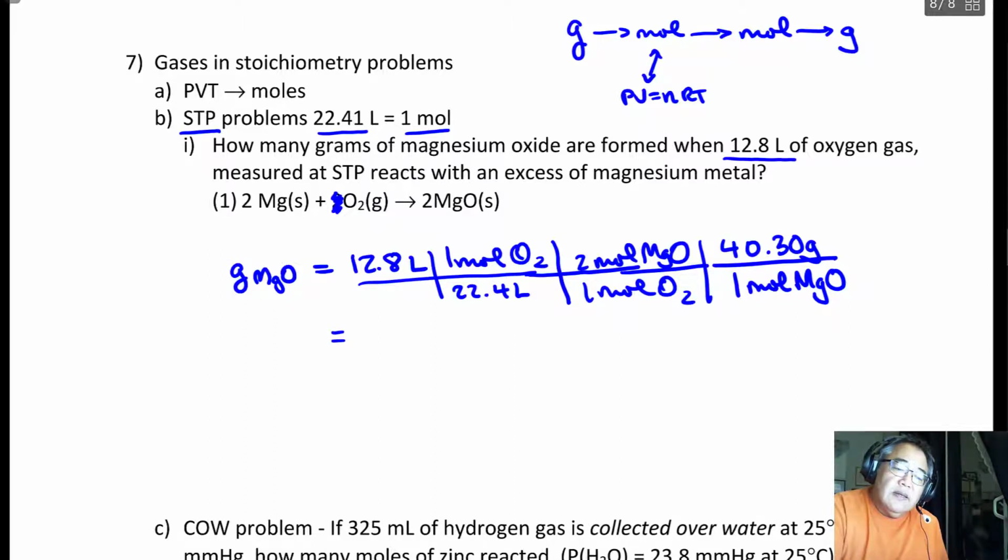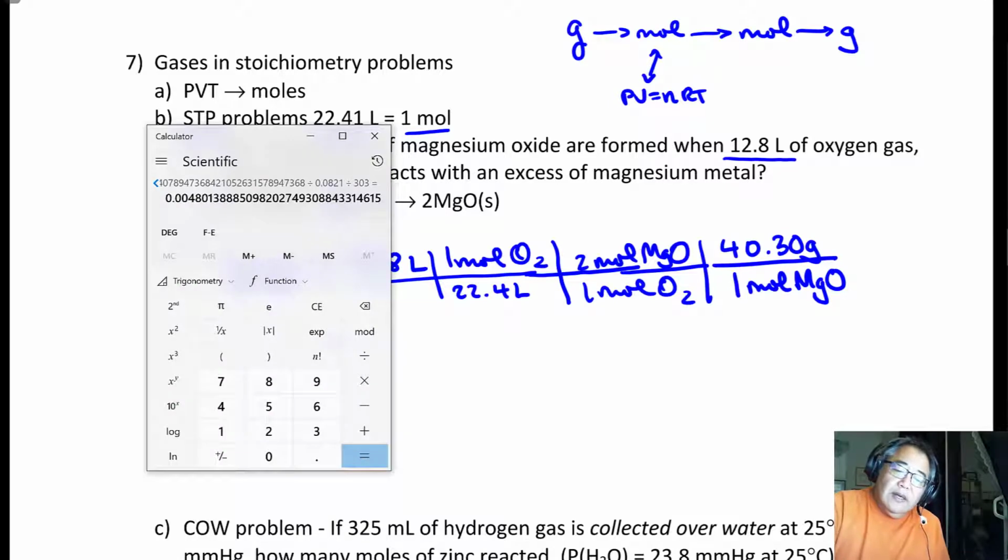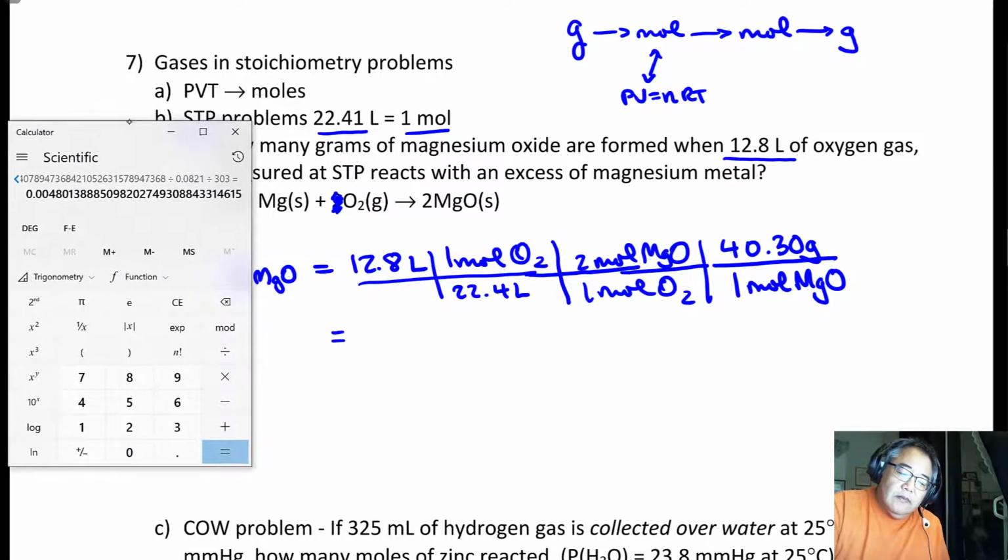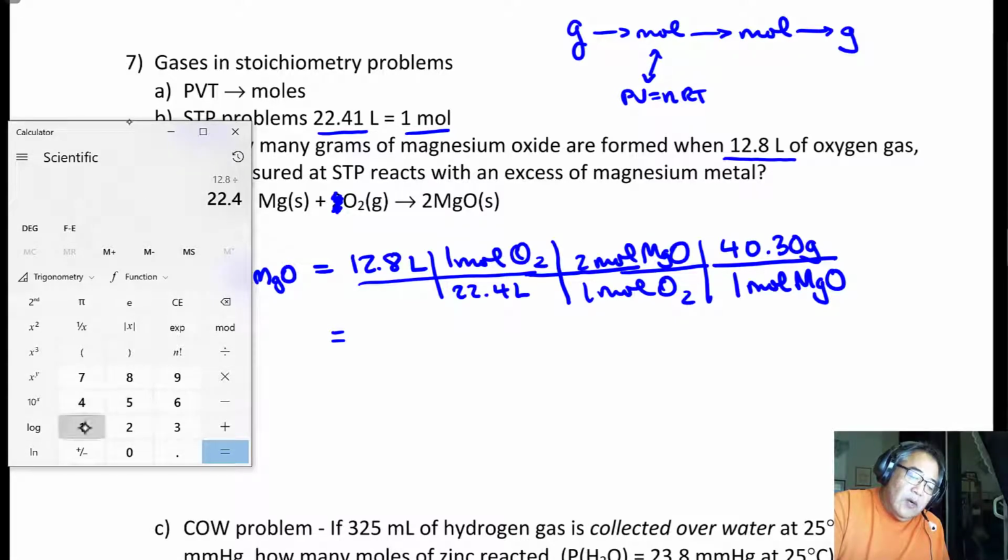On my calculator, here we go, 12.8 divided by 22.41, or 22.4. The book will use 22.4. You should probably stick with that, actually. I'll stick with that, 22.4, times 2 times 40.3.